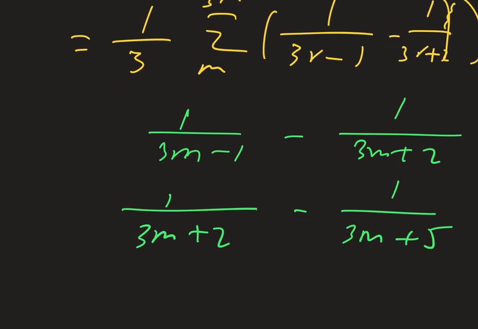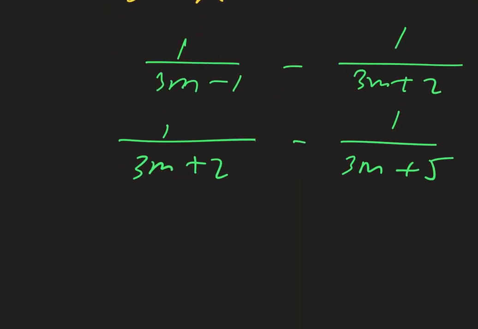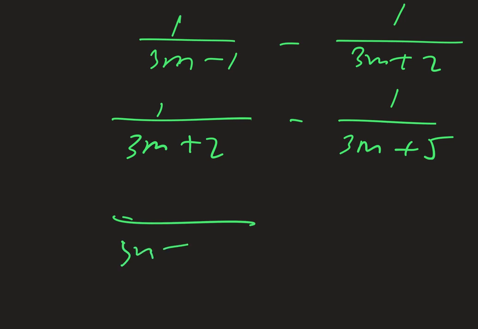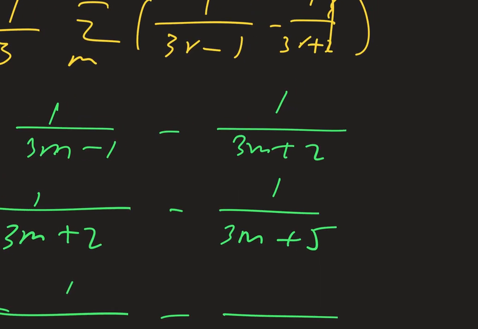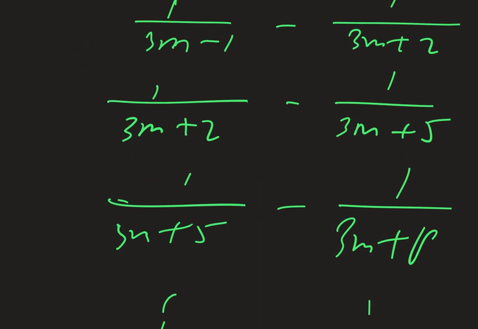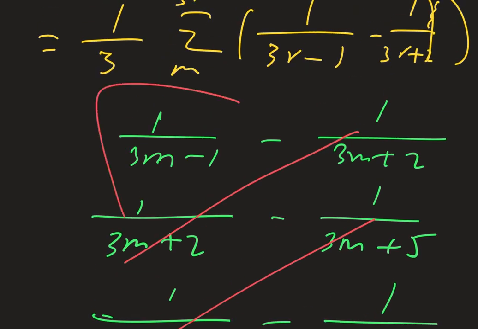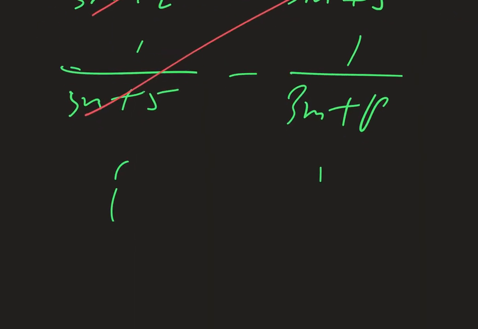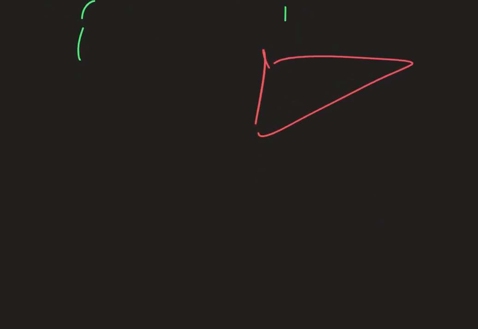So m plus 2, and so on and so forth. So you look at this, the cancellation is diagonal. So straight away you know that this is the right term. Then the very last term will be at this bottom right.